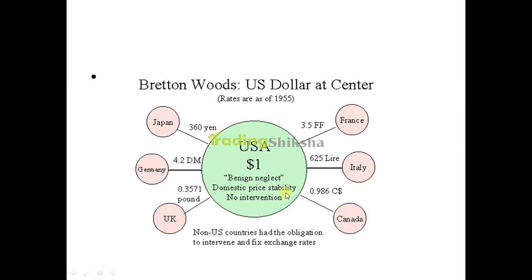This exchange rate was agreed, and dollar also had a fixed exchange rate with gold. So it was a pretty stable system because the currencies were pegged with dollar and the dollar was itself pegged with gold. So everyone had faith in the system.